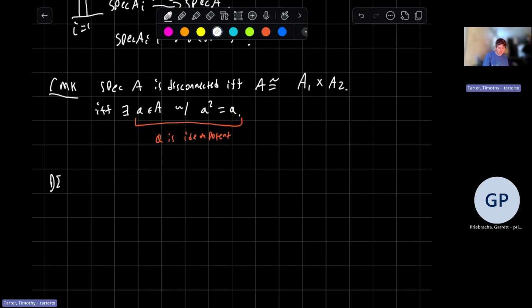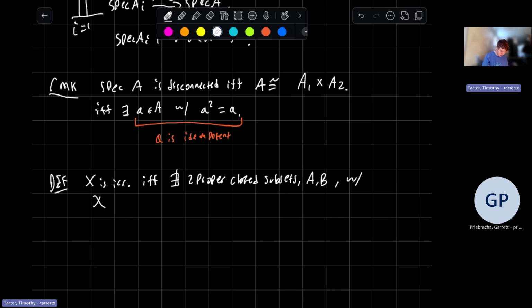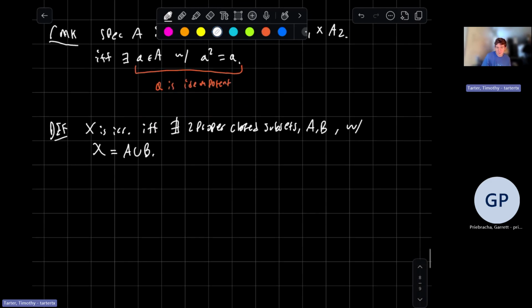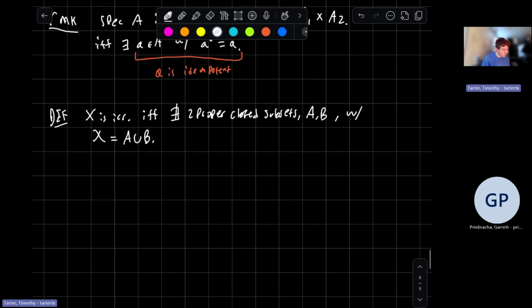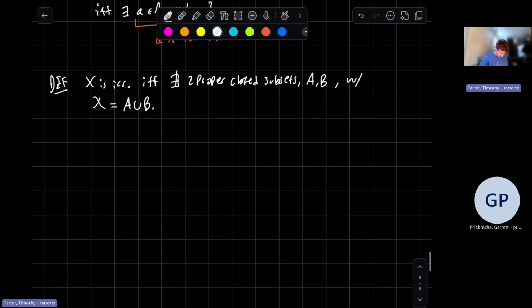And so then, definition: X is irreducible if and only if there do not exist two proper closed subsets A and B with X equal to A union B. And this is something that we've seen before.